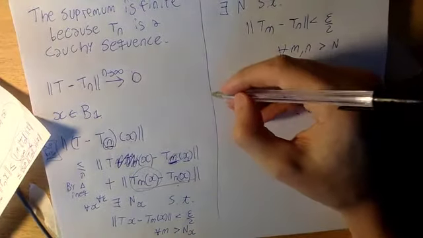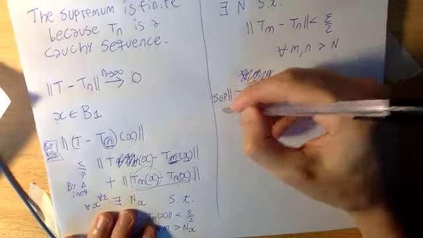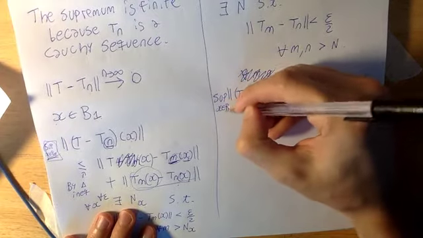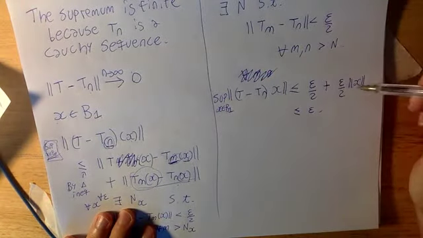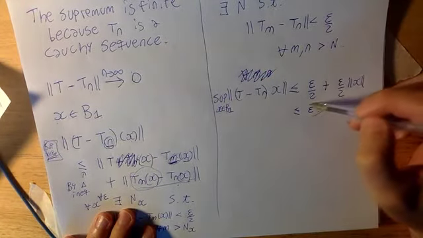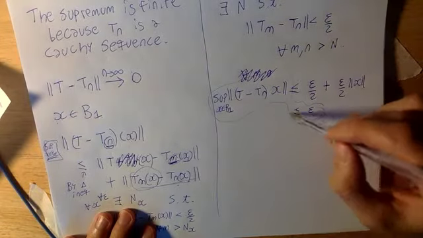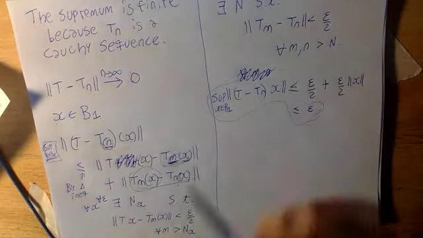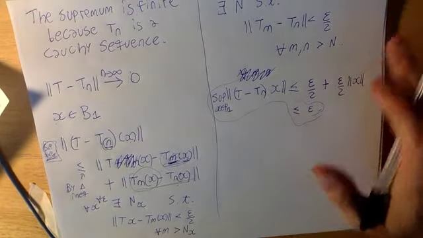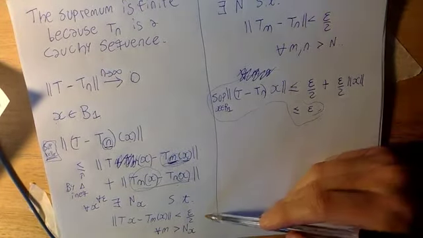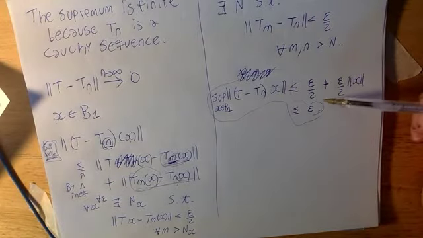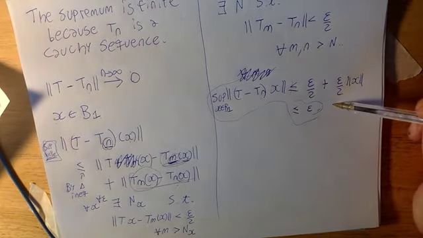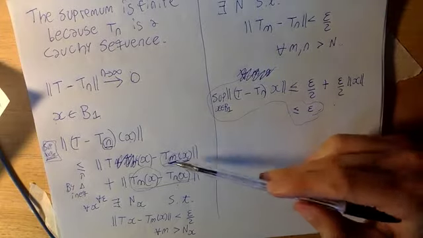Now we can take the supremum over x in B1, and this estimate is independent of the m that I'm taking in the middle to make this estimate. So this m is hidden. This m is just to get this bound going, but the estimate that we get is independent of the choice of this m.